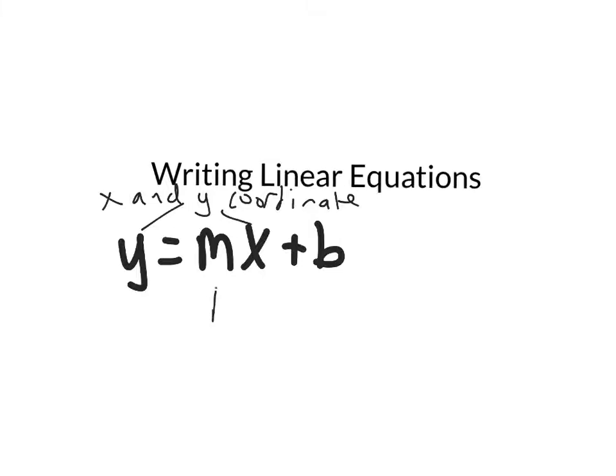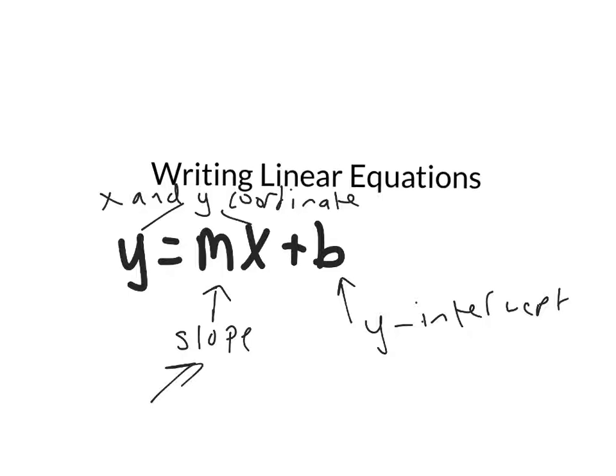And if you remember, m is our slope and b is our y-intercept. And we know what slope is, right? Slope is just rise divided by run.